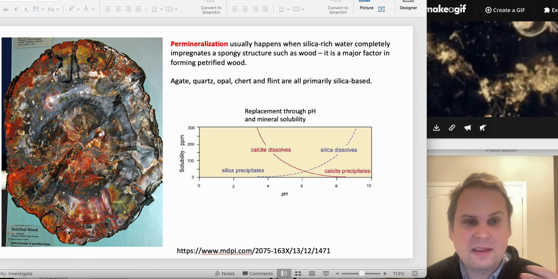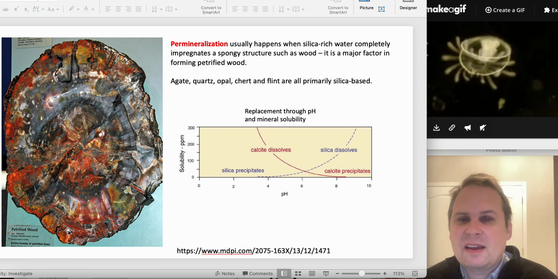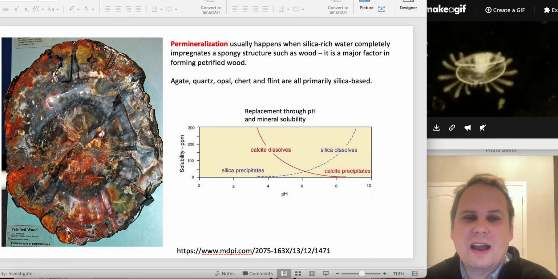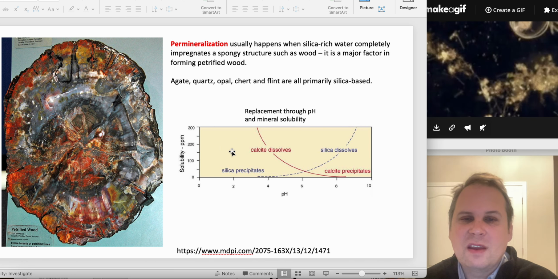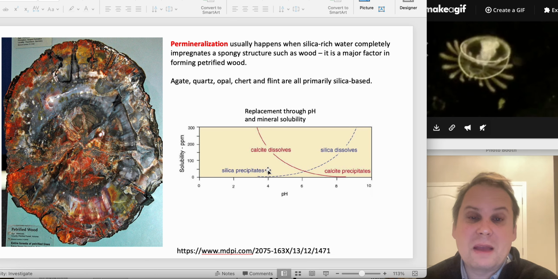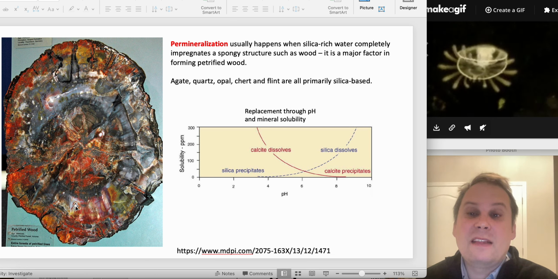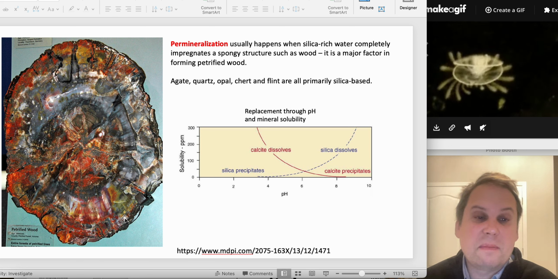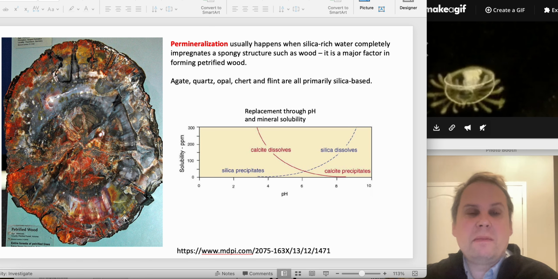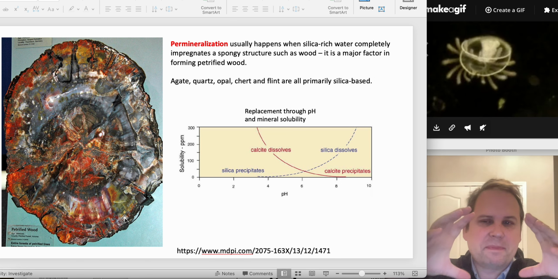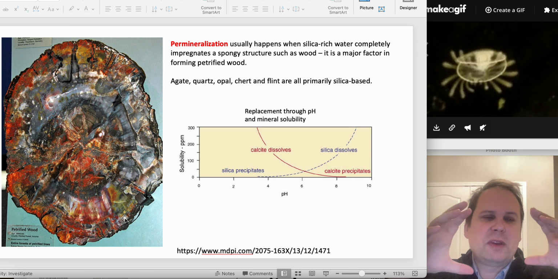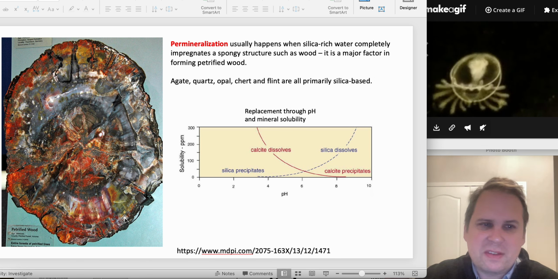Permineralization, yeah, spongy thing. If you're in conditions where silica dissolves and then you shift to conditions where silica precipitates, like from high pH to low pH, then you can get silica precipitating inside. Instead of water being there inside the log, you'll get silica water there, because that's what's in the water.